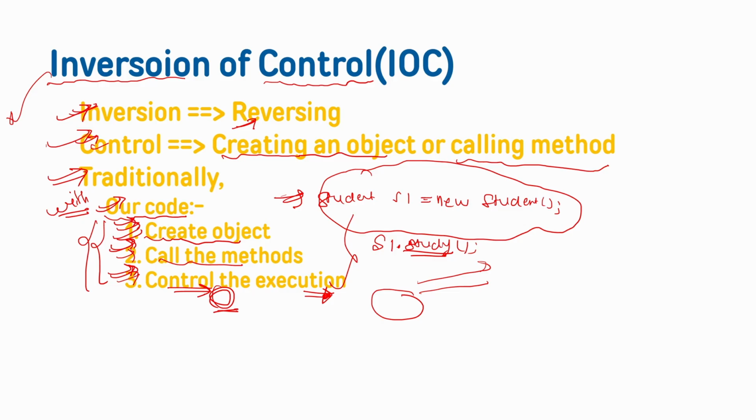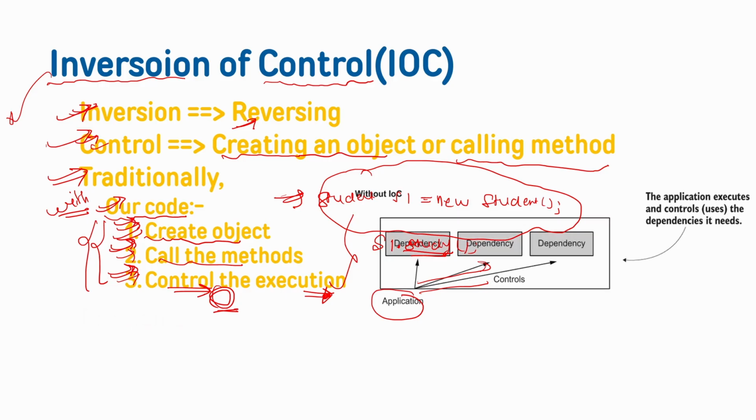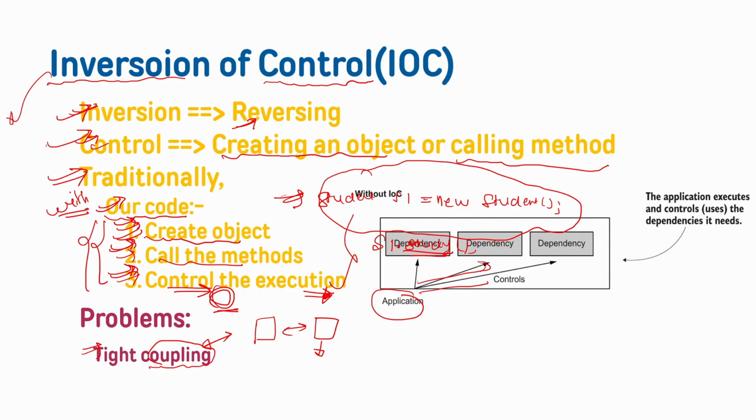First we need to understand the problem without the inversion of control. First, there is tight coupling. What is meant by coupling? Coupling means that two classes depend on each other heavily. For example, if we change one class, the code in the other class must be changed.